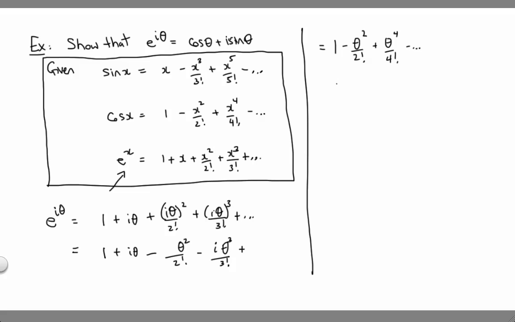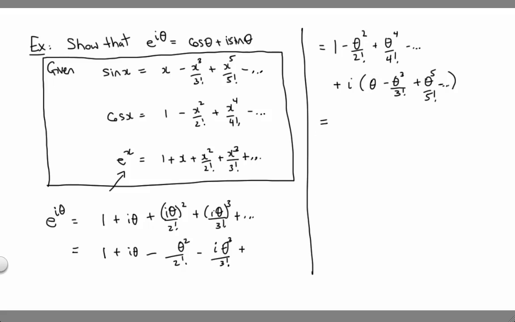Then let's group together the imaginary terms, and since they're all imaginary, might as well factor the i out. So you'd have theta minus theta cubed over 3 factorial. And if you had written out a few more terms, you'd see things like plus theta to the fifth over 5 factorial, and that's alternating, so then you'd have a minus term, etc. So alternating signs in our coefficients, and you just have odd powers in this term.